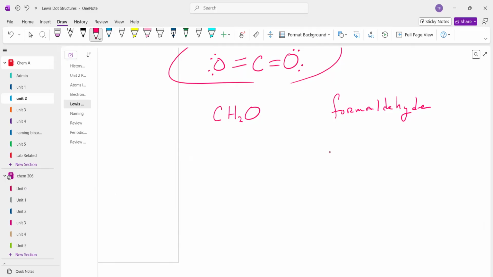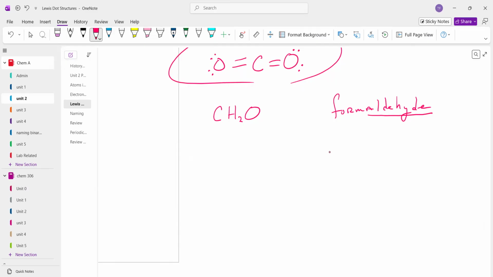Formaldehyde is also used as embalming fluid in preserving tissue because it keeps the dead tissue from degenerating further. Formaldehyde has something in it called an aldehyde, and an aldehyde is very unstable. That's why formaldehyde wants to react.